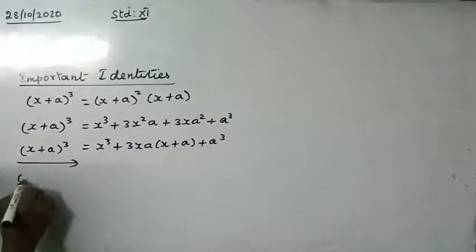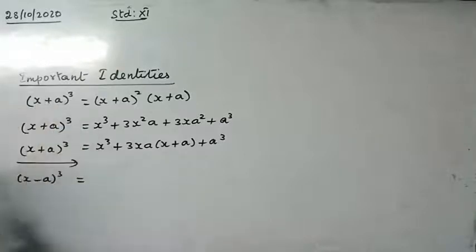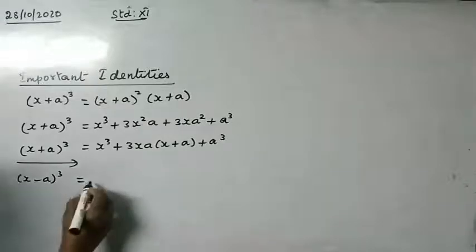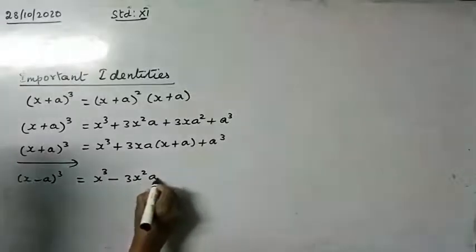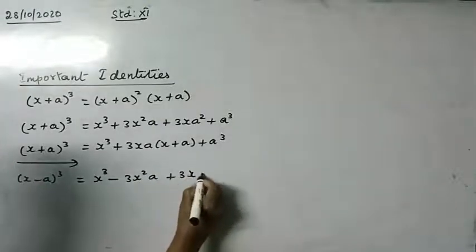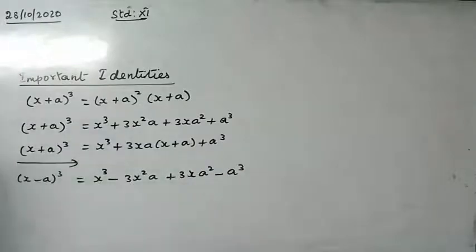Now the same way if I take x minus a to the whole cube, instead of a plus b I have taken x plus a and x minus a. So x minus a the whole cube can be written as x cube minus 3x square a plus 3x a square minus a cube is the identity.